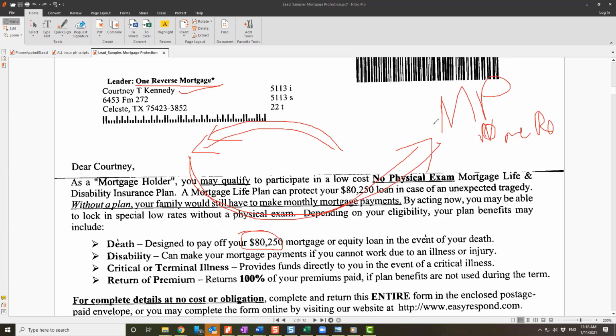I'm not making a call. I'm returning a call from her request in the mail. And I'm going to say it's about your mortgage protection with one reverse mortgage for $80,000. Remember that? No, or yes, or that was last year.